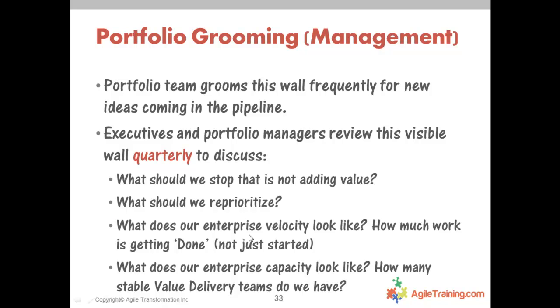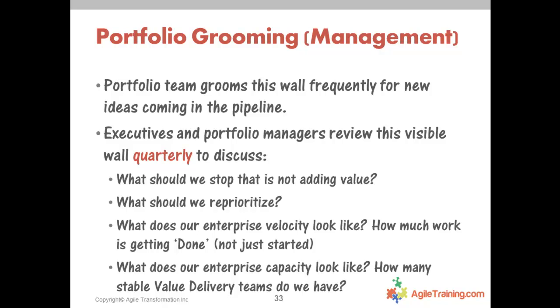What does my enterprise velocity look like? So the 5, 6, 10, 20 teams that I've got executing, how much work are they really getting done? Not just getting started, and that's a metric that you should really be conscious of. Not how many projects you're starting, because that's what we call work in progress. How many of them are you really getting done?